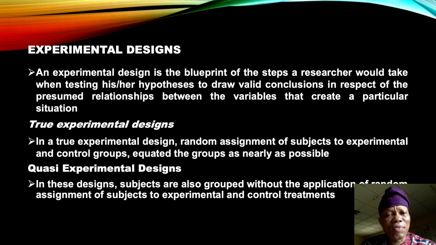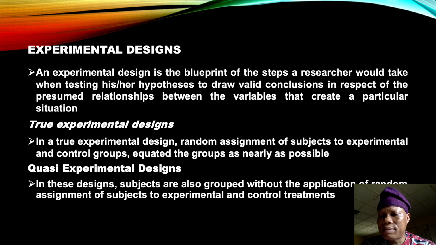Then we have two types of experimental design. We have the true experimental design. In true experimental design, random assignment of subjects to experimental and control groups equates the groups as nearly as possible. Random assignment of subjects.